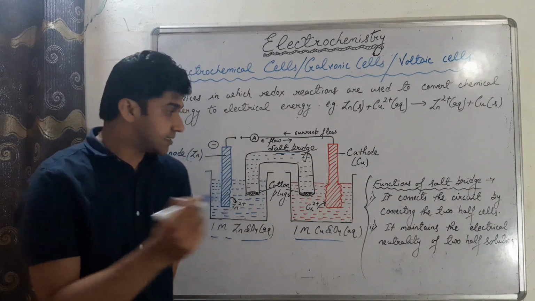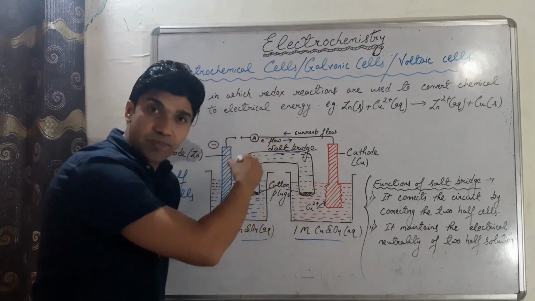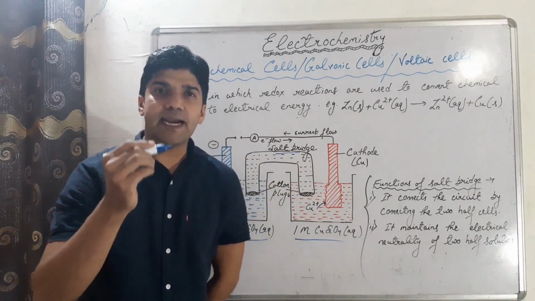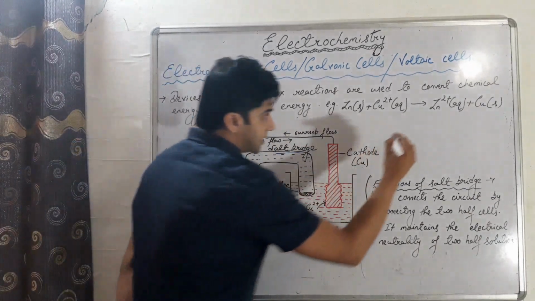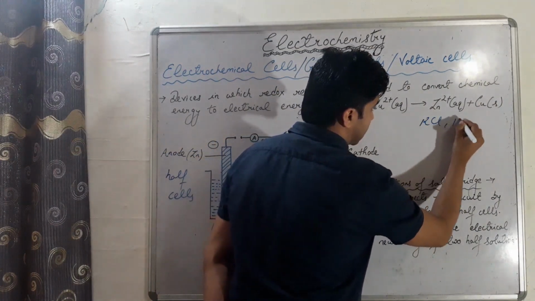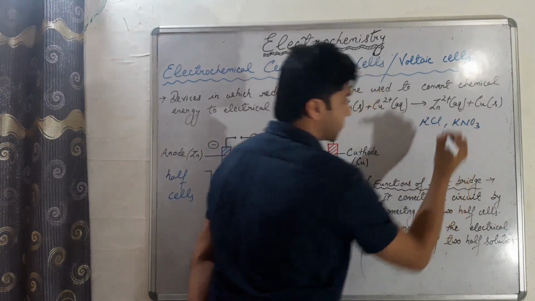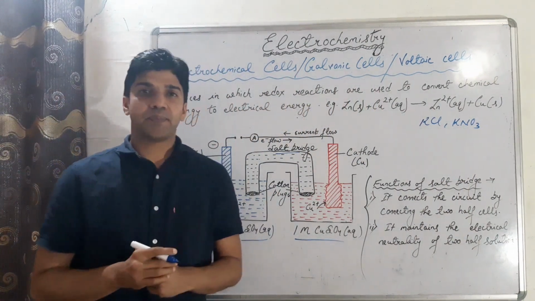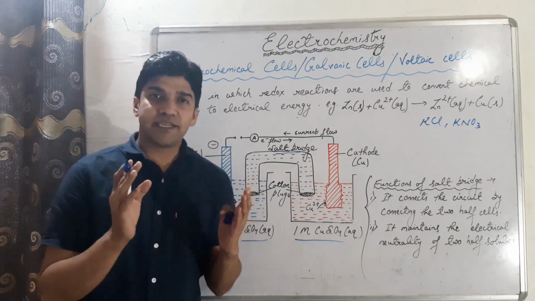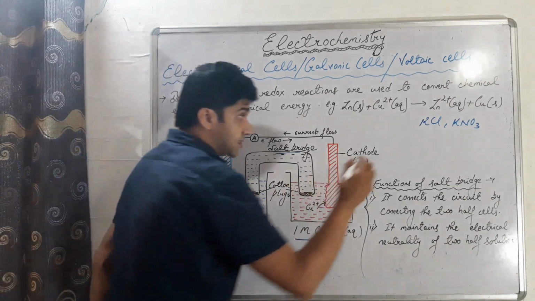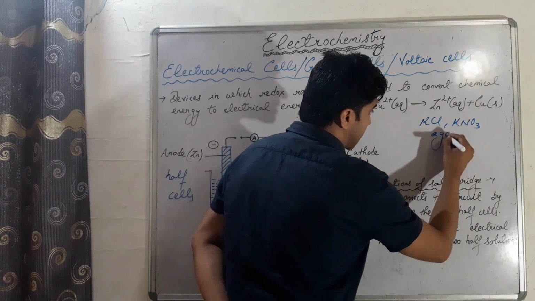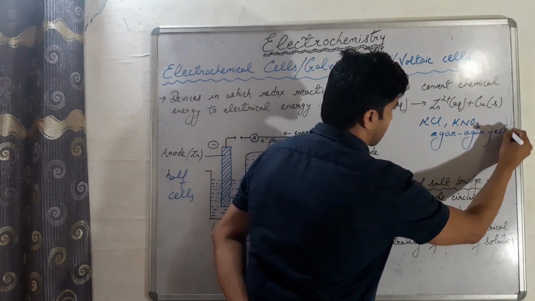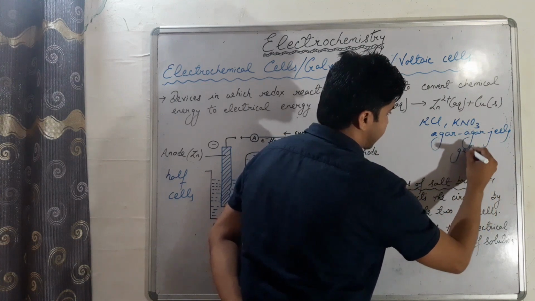Salt bridge is an inverted U-tube which contains inert electrolytes such as KCl, KNO3 in the saturated solution form, and which are mixed in a jelly-like substance, mainly agar-agar jelly or gelatin.